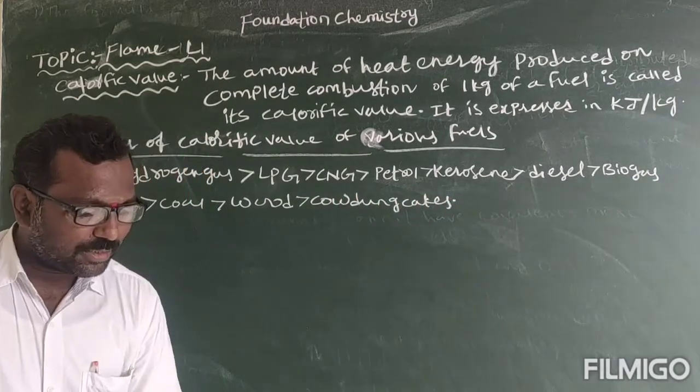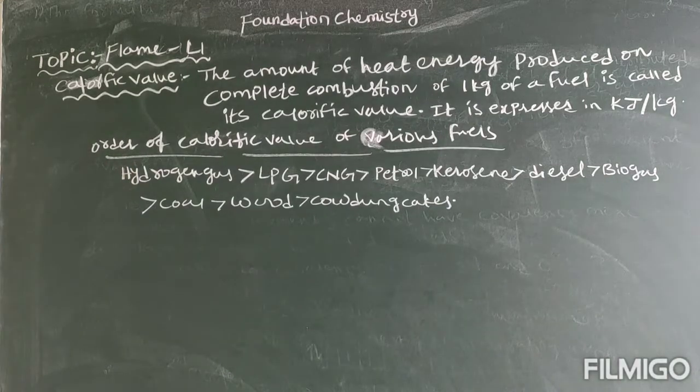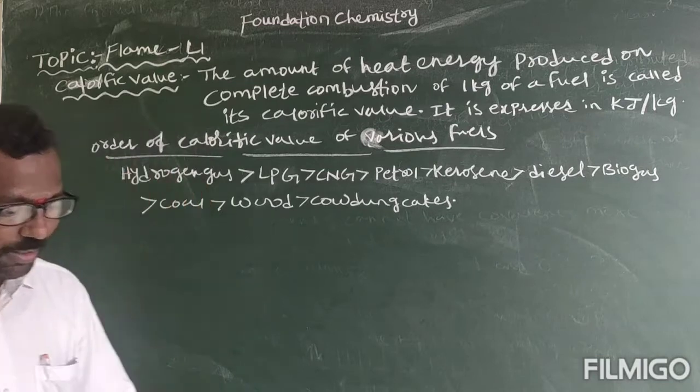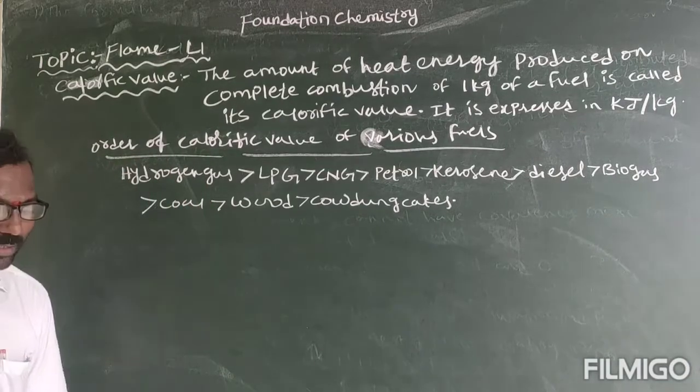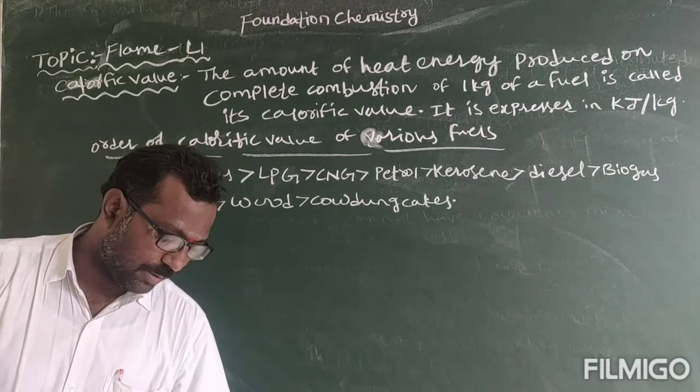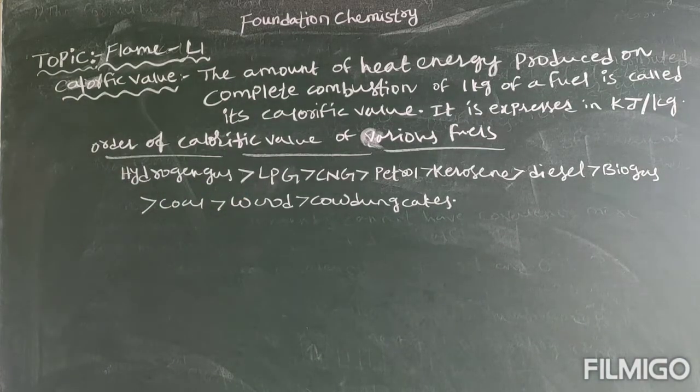The least calorific value is with cow dung cakes, and the highest calorific value is with hydrogen gas.